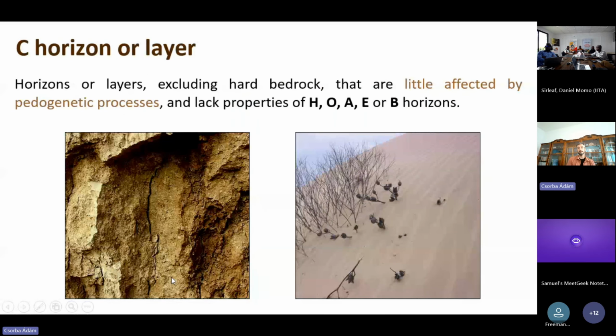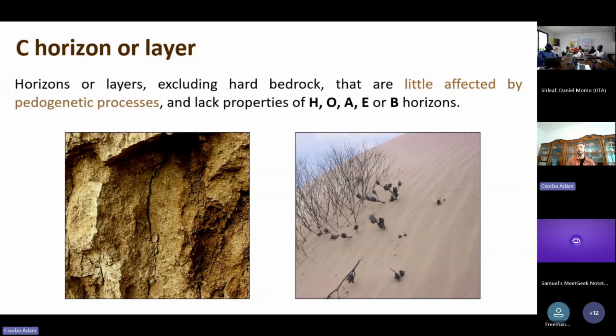C horizons. C horizons are parent materials. The C horizon is basically the soft parent material. It is unconsolidated, for example loose sediment, or just partially consolidated.